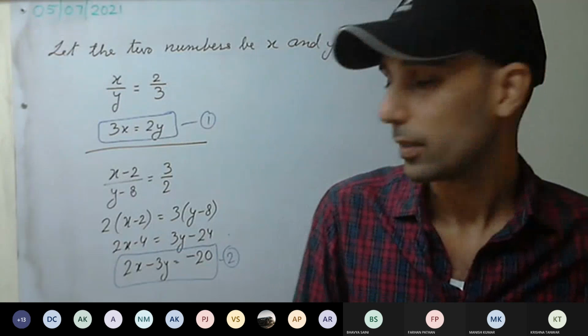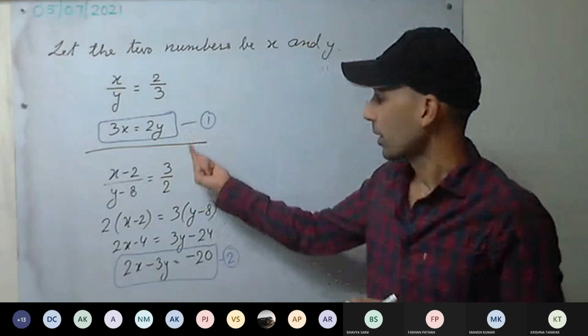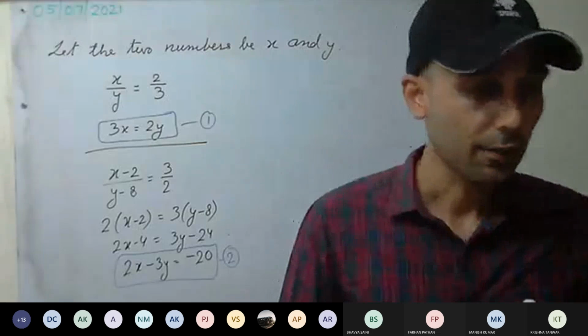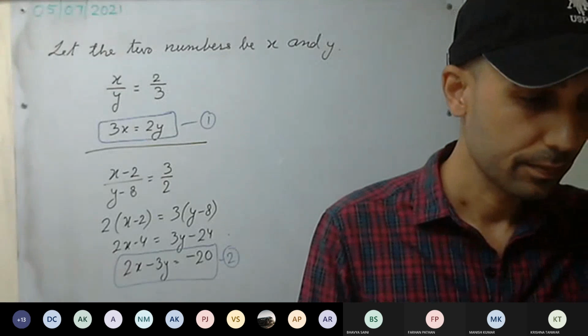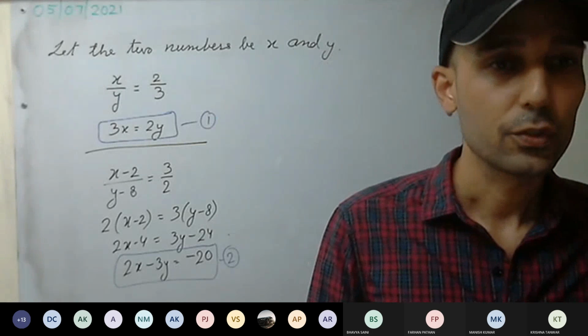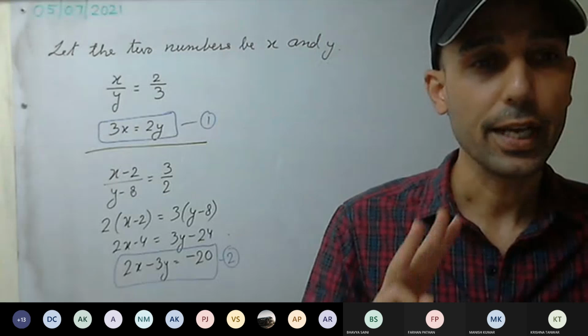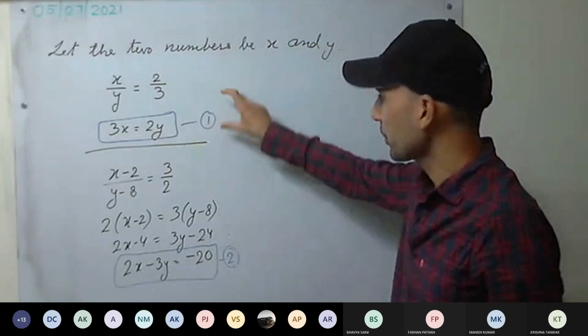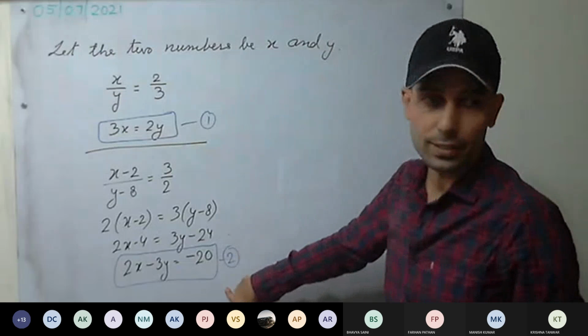Now solve these two equations. How do you solve them? You can use any one method and convert the equation into the particular form as per the need of your method.